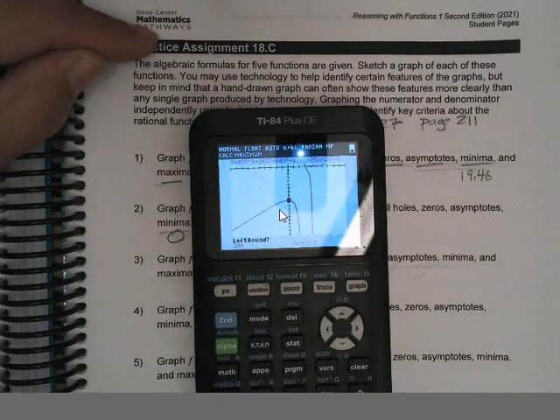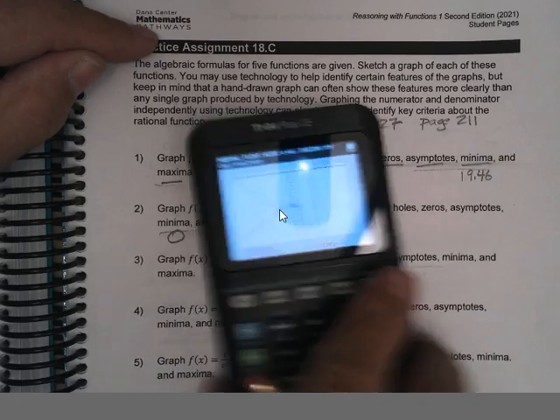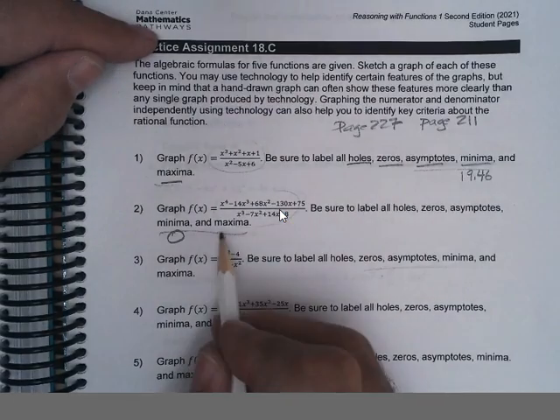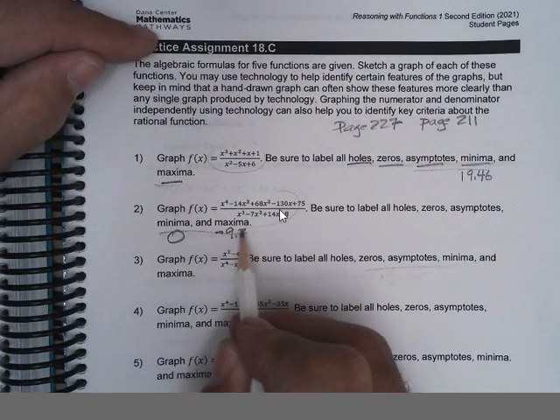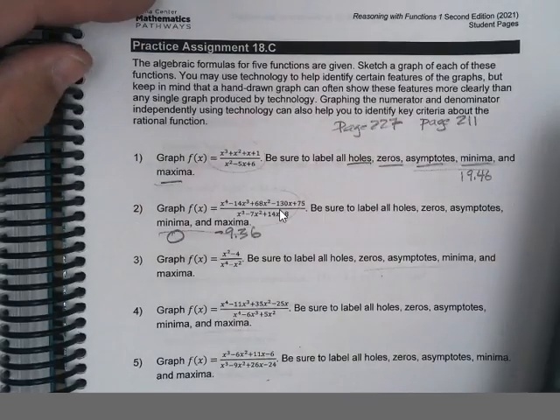That's somewhere between -3 and 1. I'm going to guess 0, and it's going to say, no, it's a little bit negative, and it's negative 9.36. That's a local max. Okay?